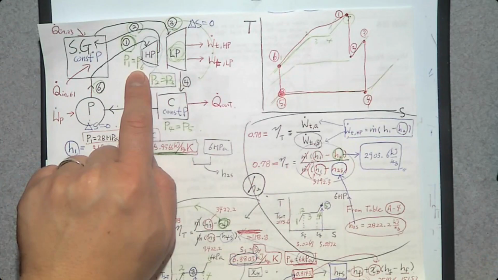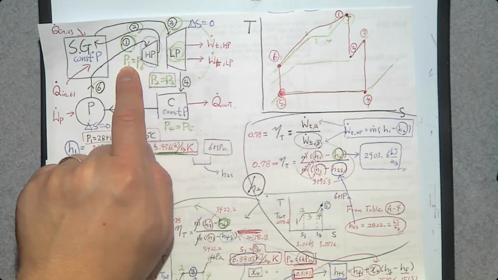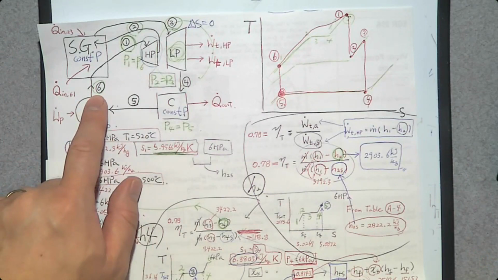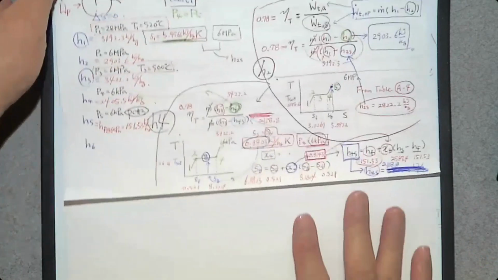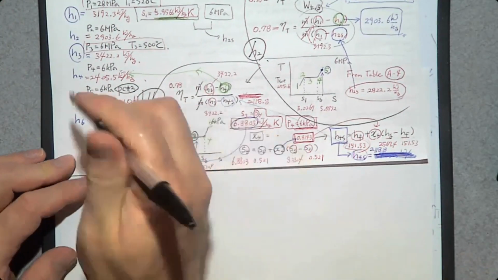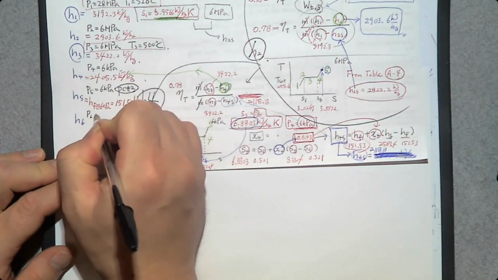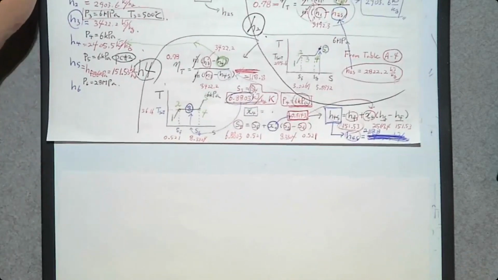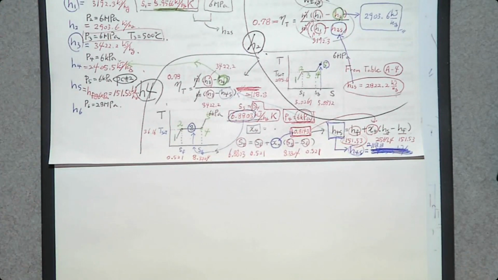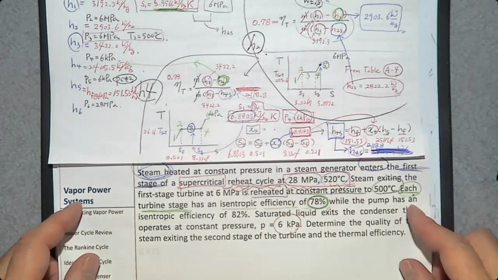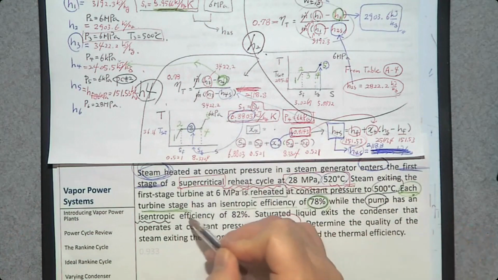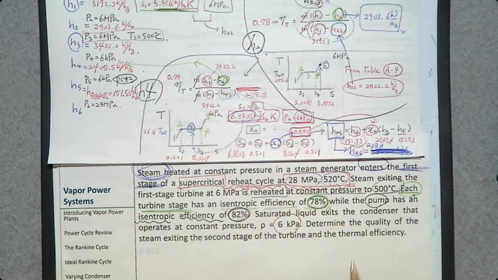The pressure P6 should be the same as P1, and P1 is 28 megapascal. So P6 is 28 megapascal. But that's all we know. So what can we do? If we go to the problem statement, it says the isentropic pump efficiency is 82%.